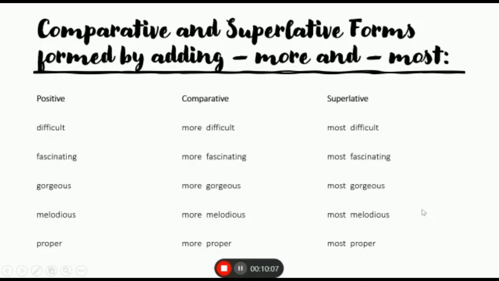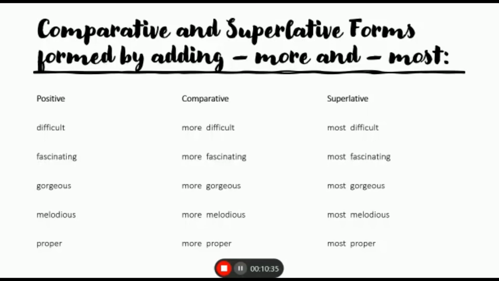The next rule says that certain positive forms may not be converted into other degrees like comparative and superlative. So in order to do that, we have to add most or more to make them into comparative and superlative form. Hence, difficult becomes more difficult and most difficult instead of difficulter or difficultest, as we generally do.